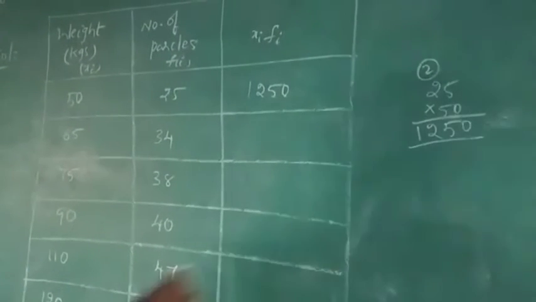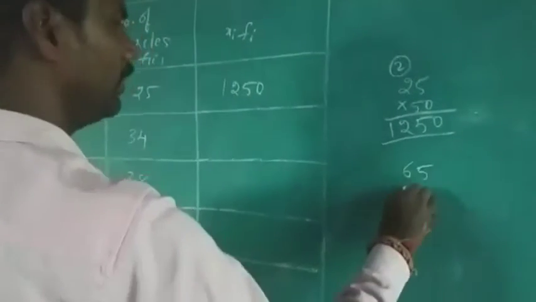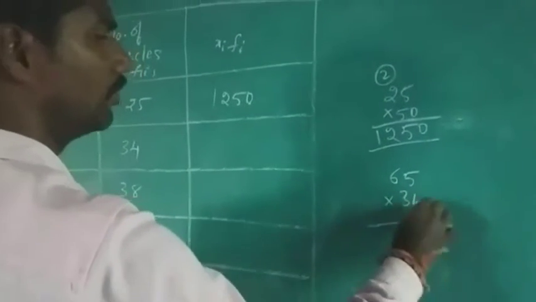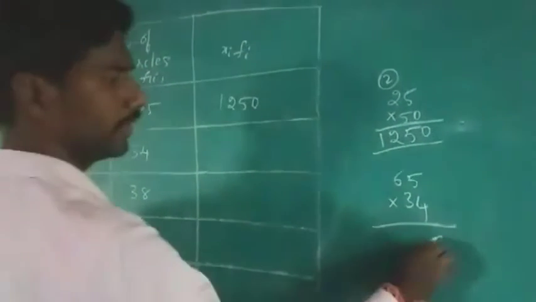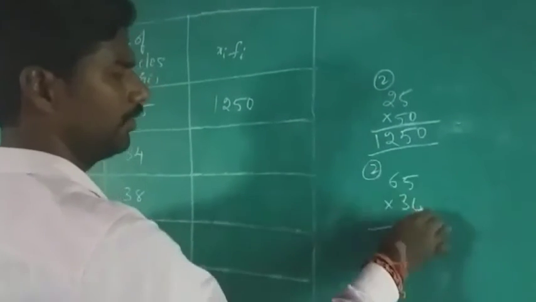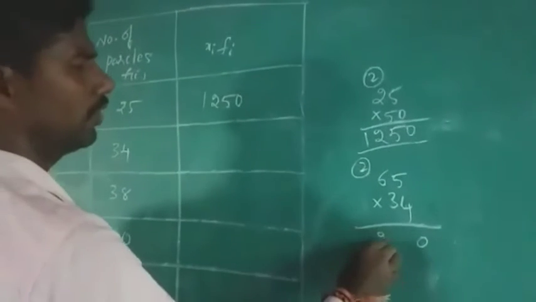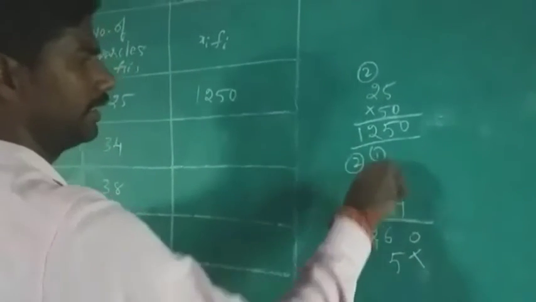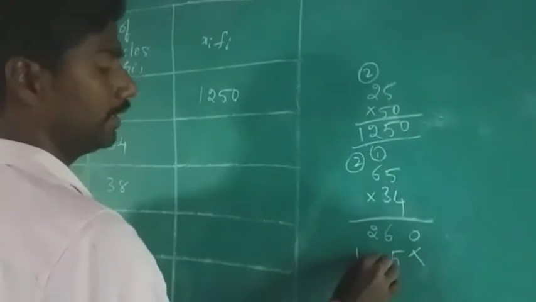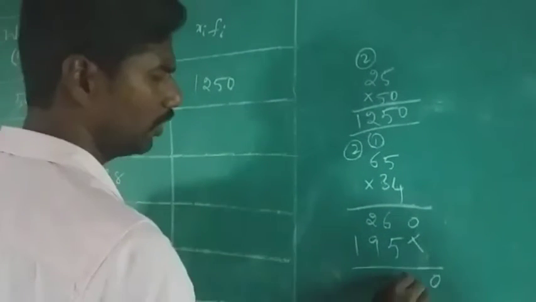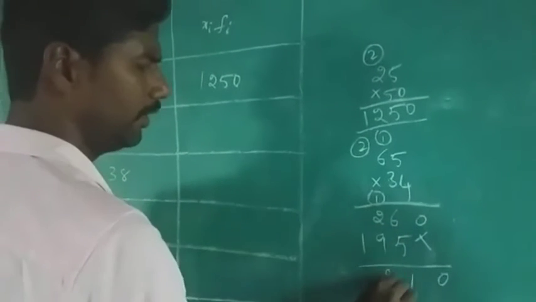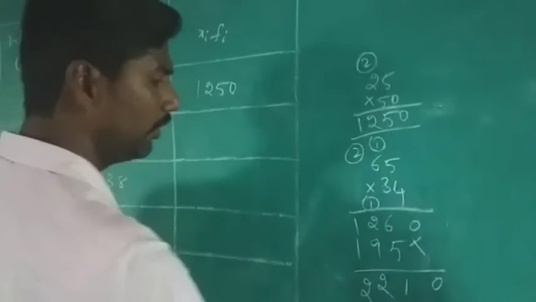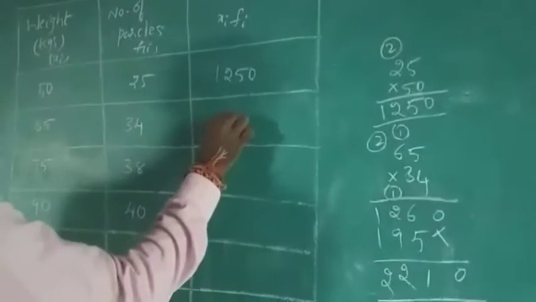The next, 65 into 34: 4 fives are 20, 2 carry, 4 sixes are 24, 26, 3 fives are 15, 1 carry, 3 sixes are 18, 19, 0, 11, 1 carry, 12. What will you write? 2210.